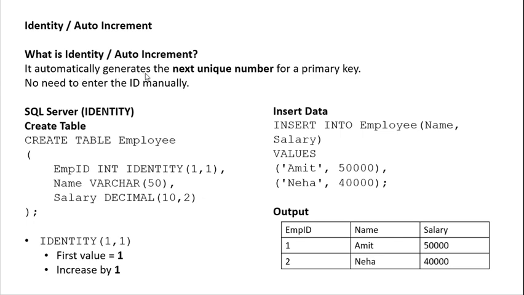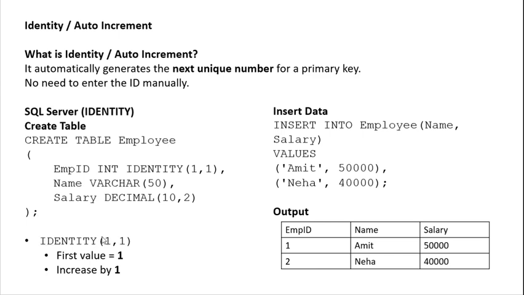It automatically generates the next unique number for a primary key, and there is no need to enter IDs manually. In SQL Server, identity works like this: CREATE TABLE, and the table name is Employee, inside the brackets employee_id INT IDENTITY(1,1), comma, name VARCHAR(50), comma, salary DECIMAL(10,2), and close the brackets and the semicolon.